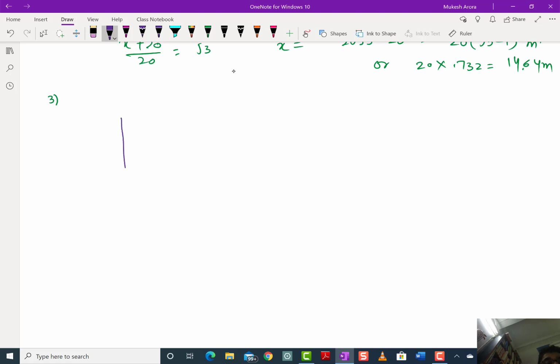There is a tower and this is a building. The angle of elevation of the top of a building from the foot of a tower is 30 degree.